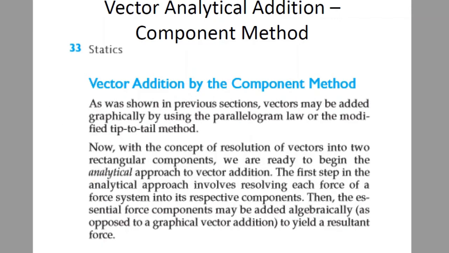As was shown in the previous sections, vectors may be added graphically by using the parallelogram law or the modified tip-to-tail method. Now, with the concept of resolution of vectors into two rectangular components, we are ready to begin the analytical approach to vector addition. The first step in the analytical approach involves resolving each force of a force system into its respective components.